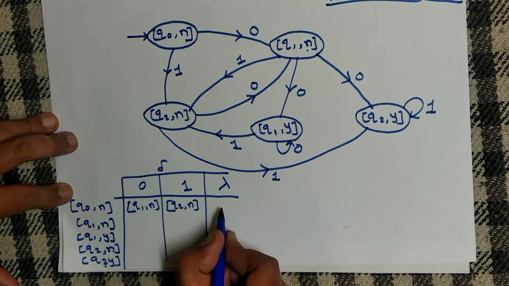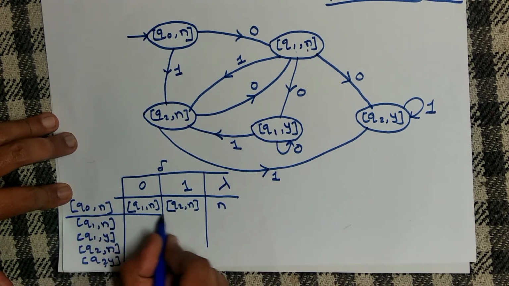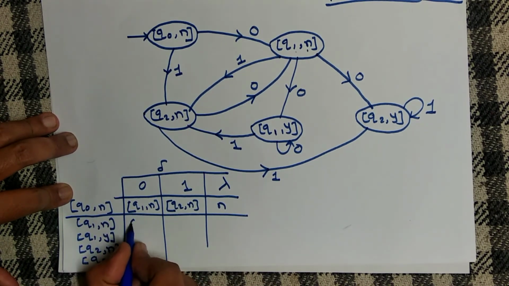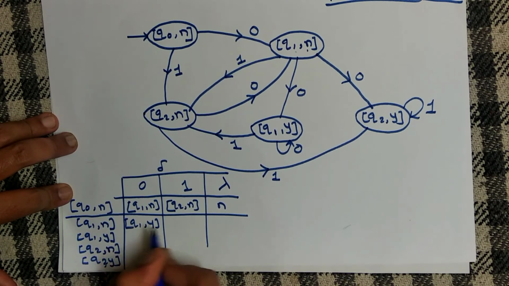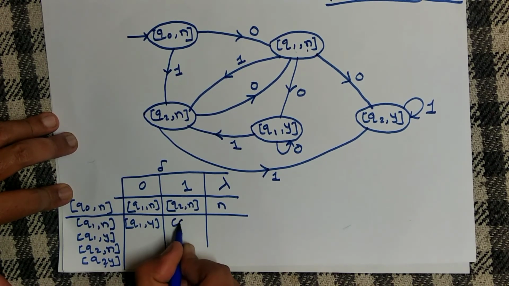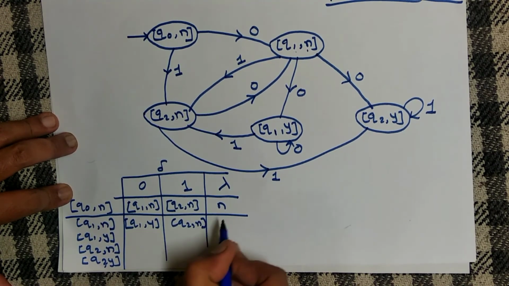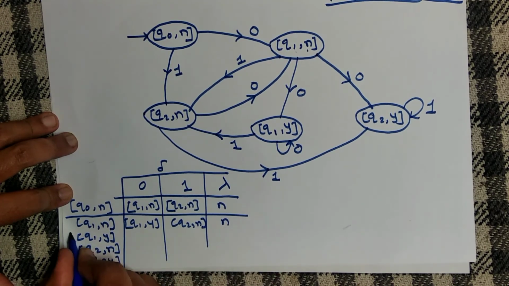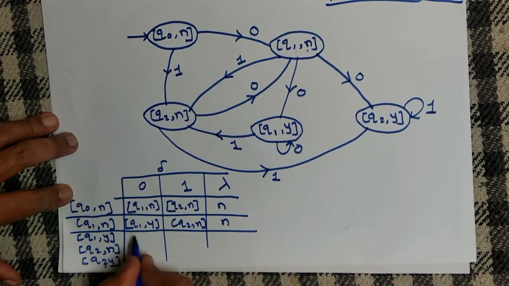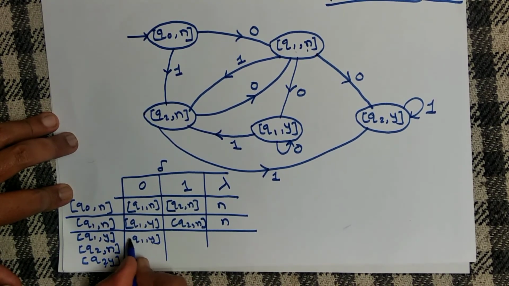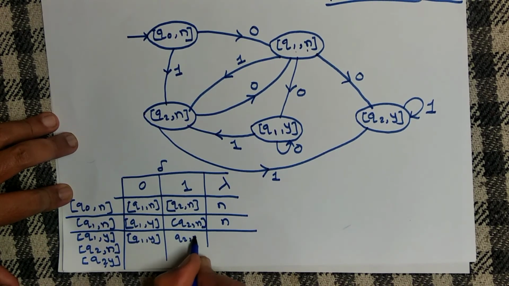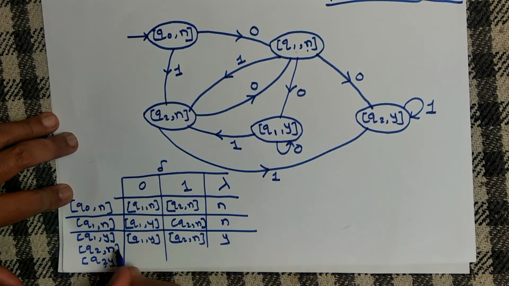You can cross check it from the given diagram. Q1y, Q2n gives the output as y.